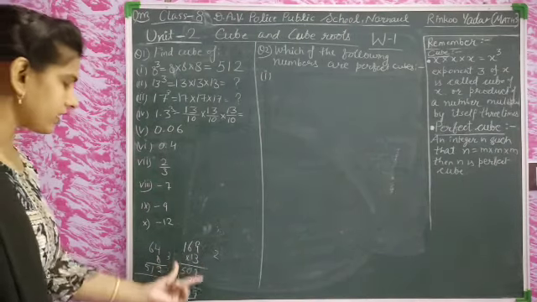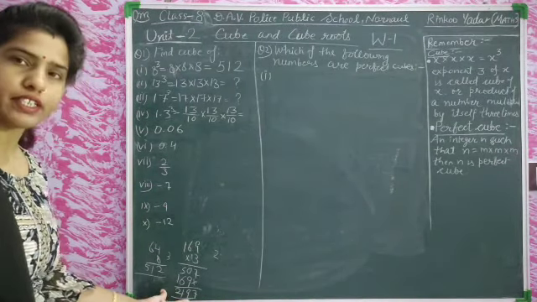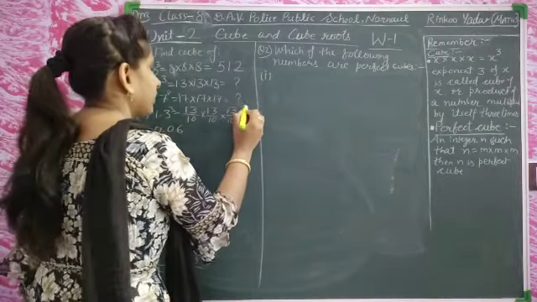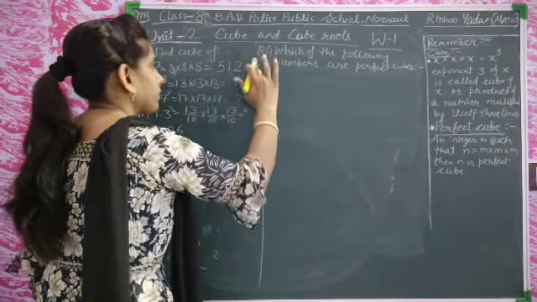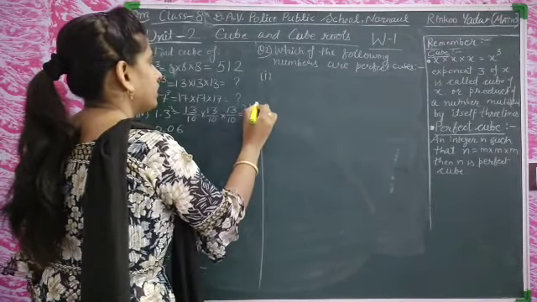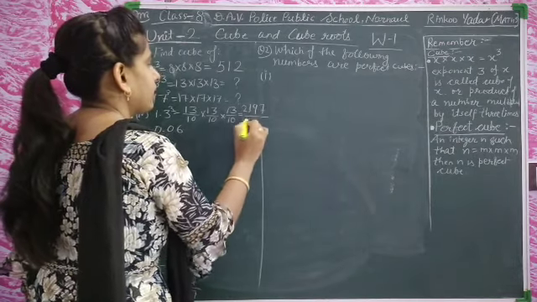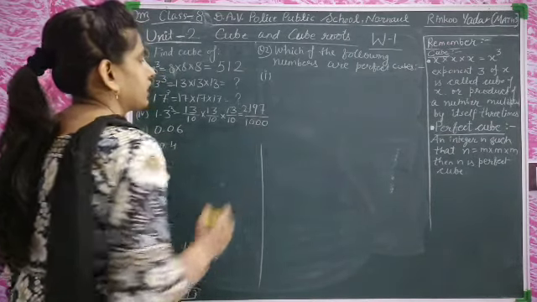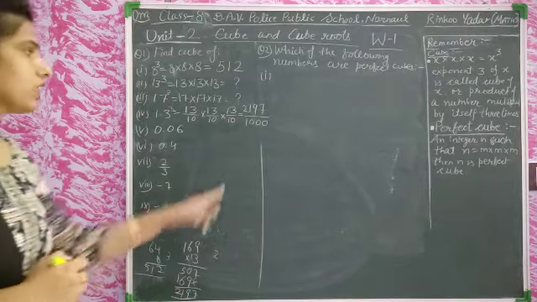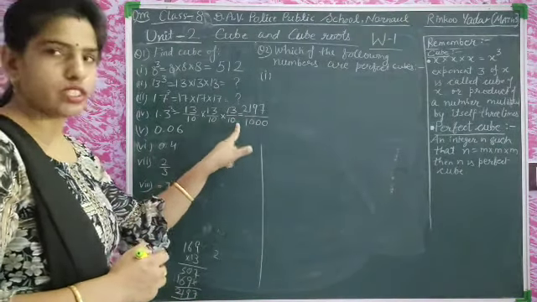Yes, students, after multiplying this we get 2197, so 2197 divided by 1000. Is it clear, students? This is 1000.